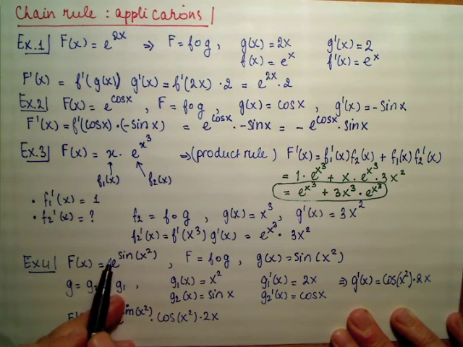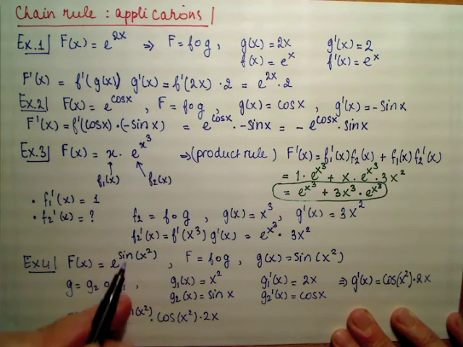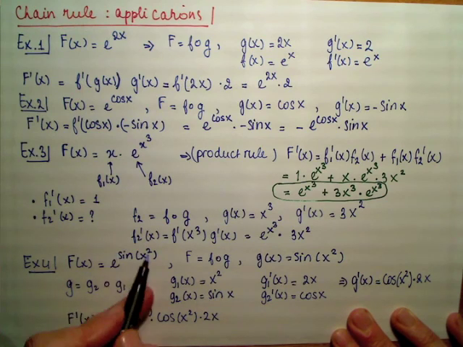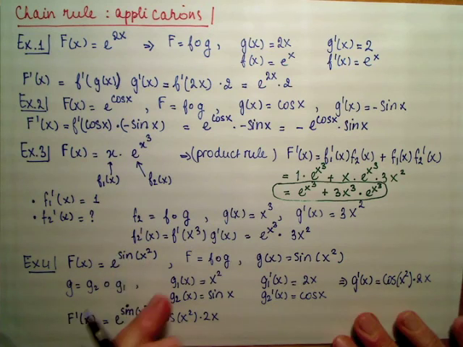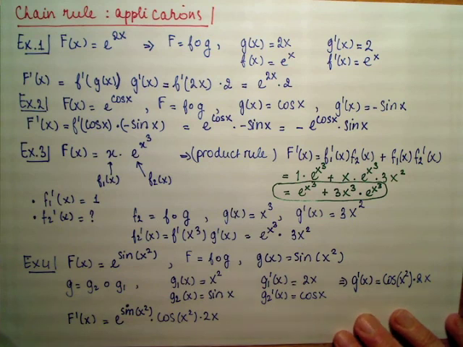And then you take the derivative of e to the power x, which is the function itself, and you plug in the argument you had before. But of course, in this two-step decomposition this will be maybe simpler to do.